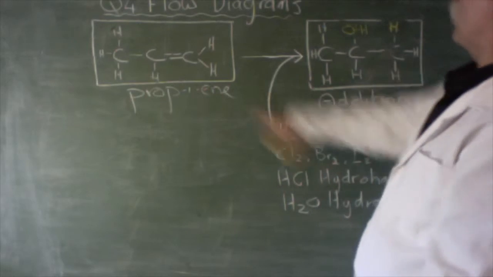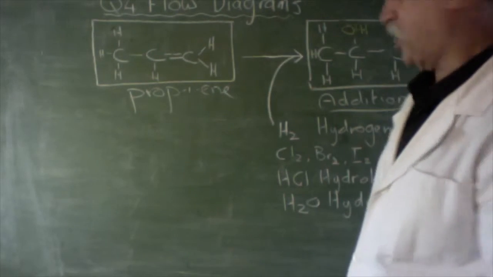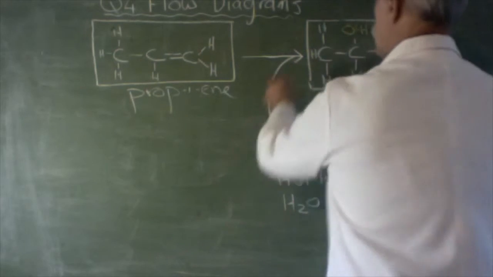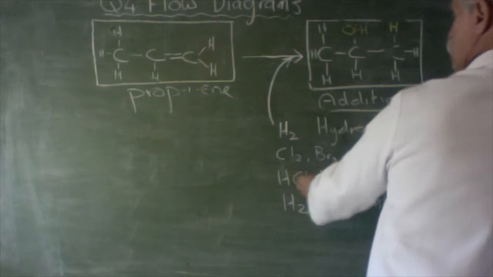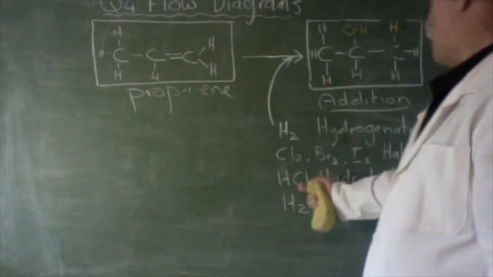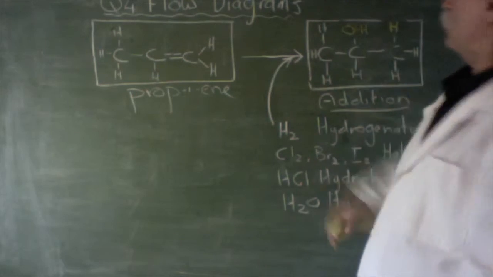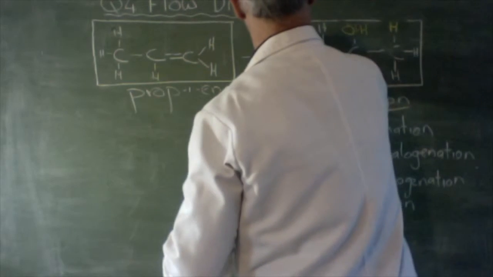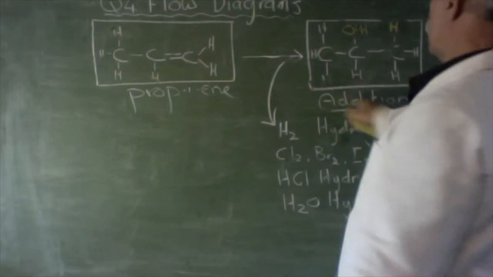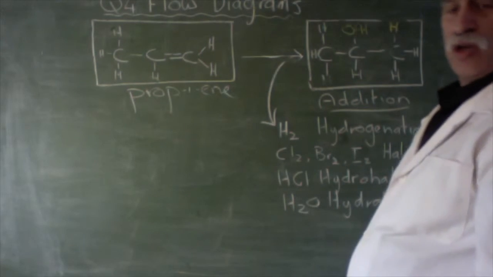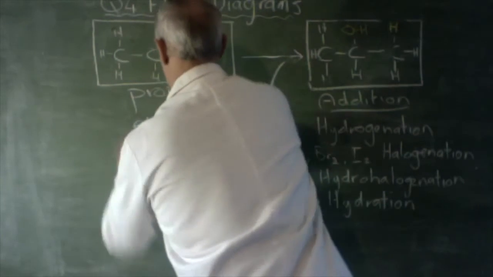Now, if we can go from that to that, we could also go the reverse way. So instead of having an arrow where the hydrogens, the chlorines, the hydrogen and a chlorine or the water get added, we could go the reverse way, where in fact they get lost from these compounds. And then instead of it being an addition reaction, that would be an elimination reaction.